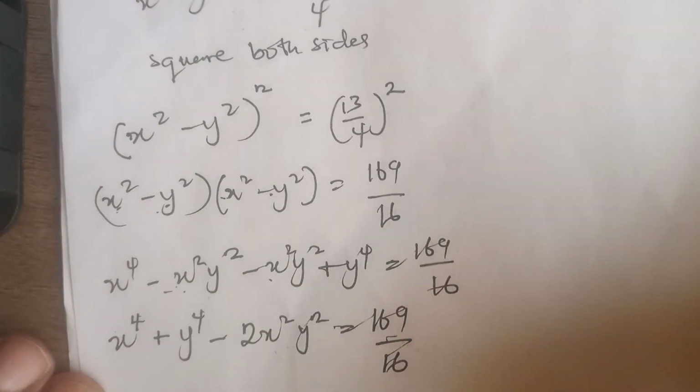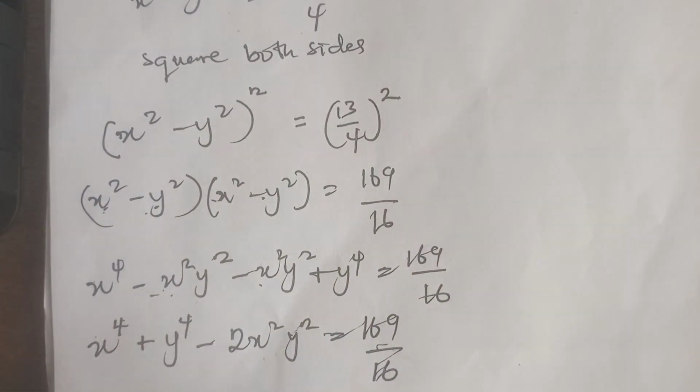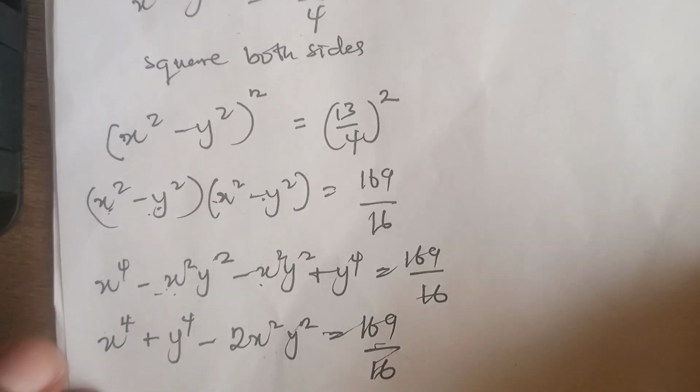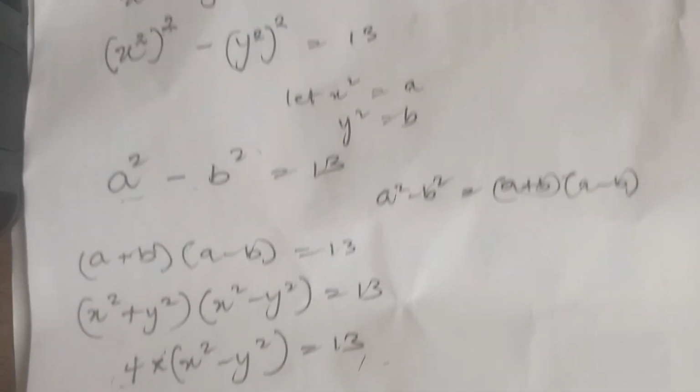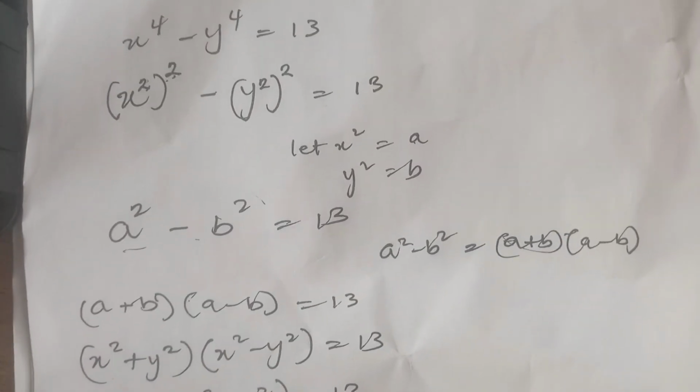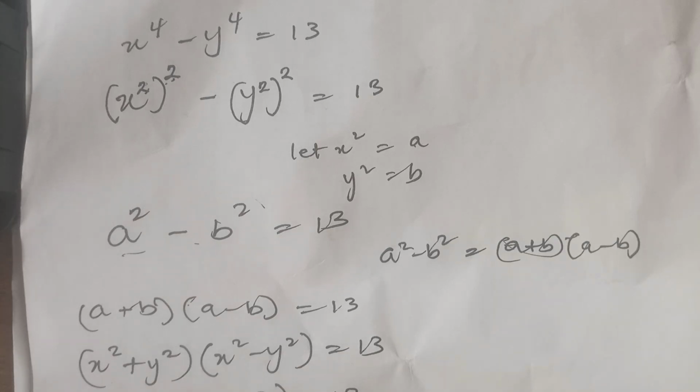Now we are left with this, but we need to do away with these two, they are giving us issues here. So what do we need to do? From our equation 2, given in the question, x squared plus y squared equals 4.